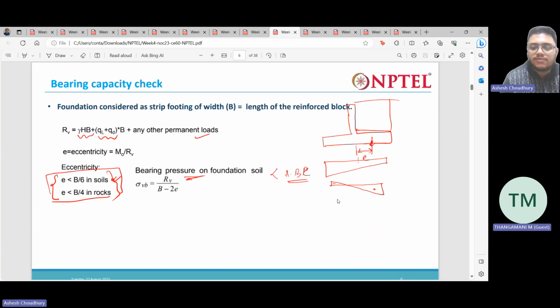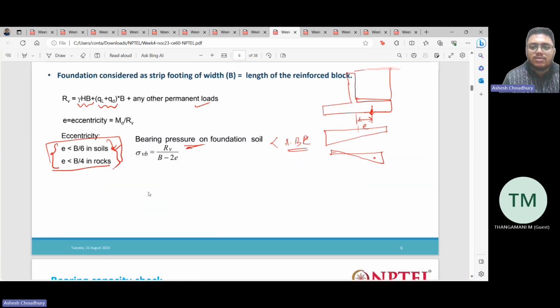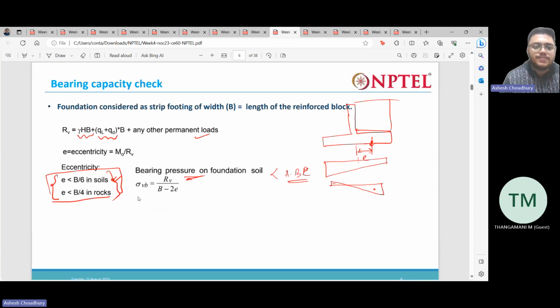Then ultimately, we need to check for the bearing capacity. We need to calculate the bearing pressure at the base of the retaining wall. We need to calculate the bearing capacity of the base of the retaining wall, and we need to ensure that this bearing capacity is actually greater than the bearing pressure that we calculate at this level.